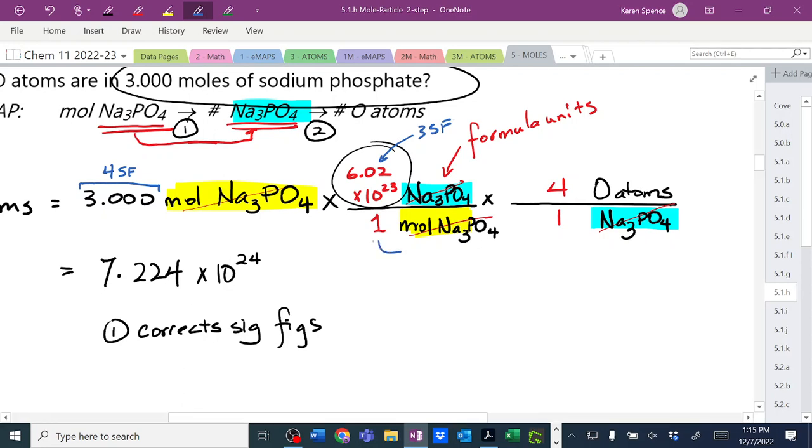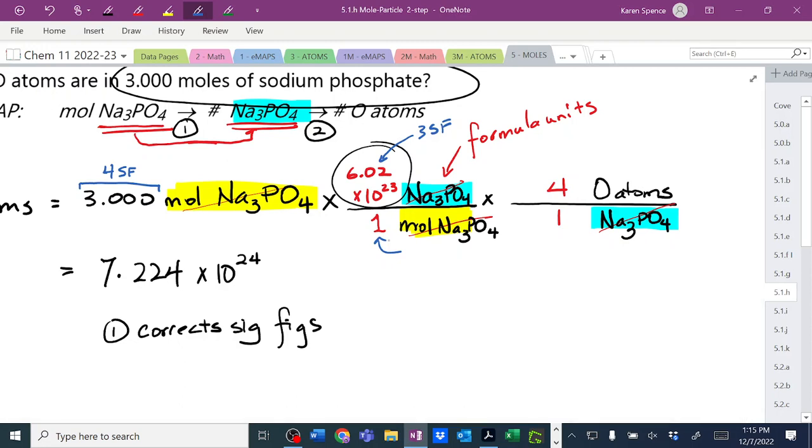How about this 1 mole? Is that an exact number or is that like an estimated number? It's exact, okay? Because there's 1 mole and I have an estimated number of particles in it.